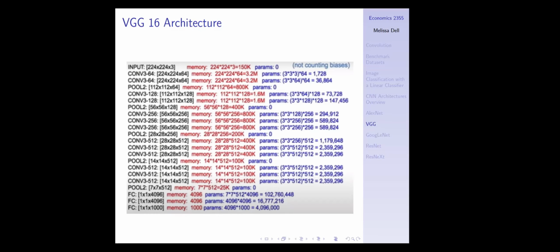But I think overall, this is something like maybe 135 million parameters. This is VGG 16. There's also a VGG 19, but it's even bigger and it doesn't really do much better. Yeah, so that's VGG 16.